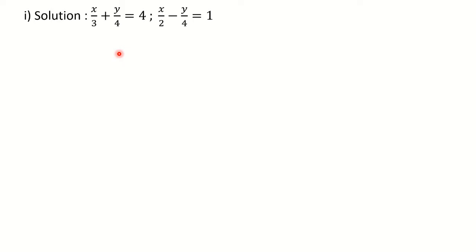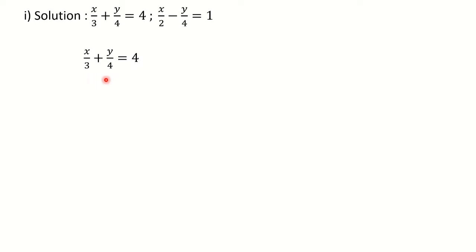So let us take the first equation. The first equation is x upon 3 plus y upon 4 is equal to 4. Now I don't want these 3 and 4 in the denominator. So here I have to multiply the whole equation by the LCM of 3 and 4. LCM means least common multiple, the smallest number which comes in the table of both.